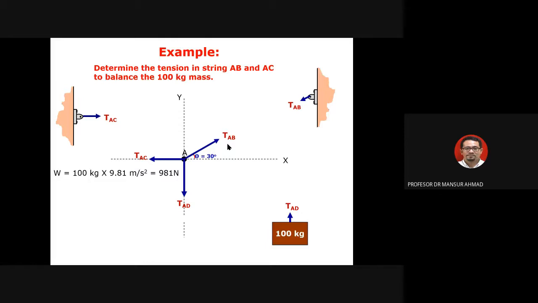You don't use it as a compression member. You use it as a tension member. Because this is in tension, I subscript it T. You can put this as anything, but in textbooks they always use T as tension force.